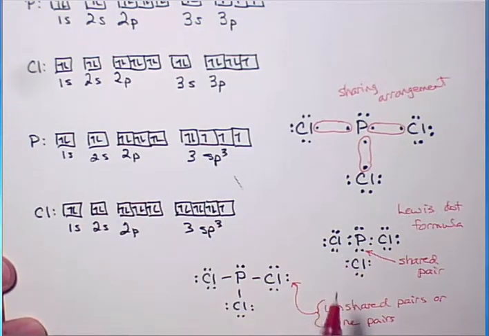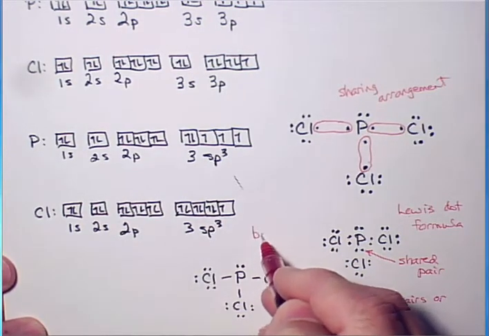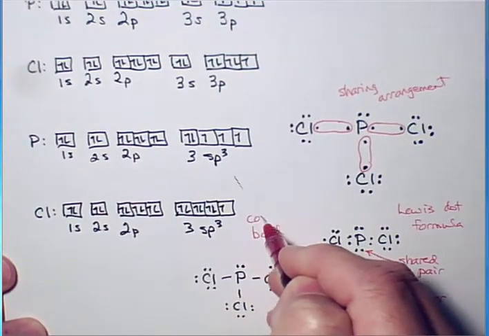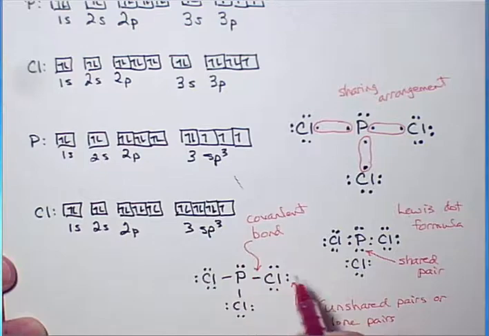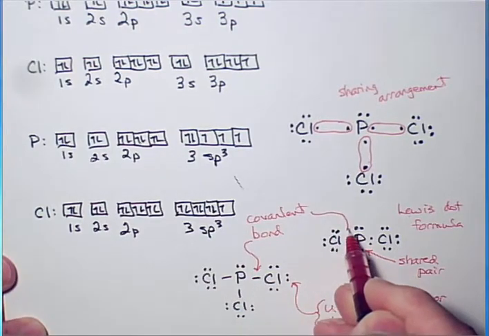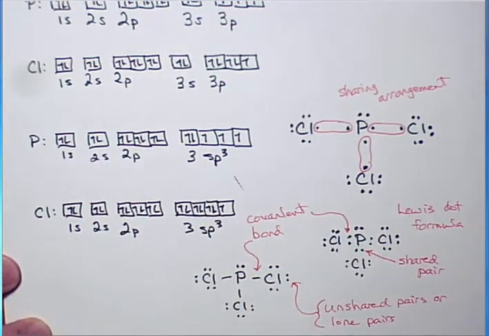Now, listen up. These shared electrons form a covalent bond. So this is a covalent bond, and this is a covalent bond. When they're shared like that, they form a covalent bond.